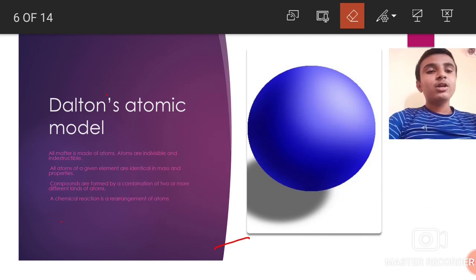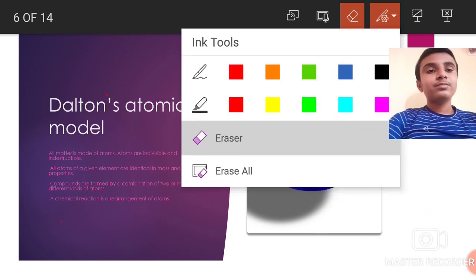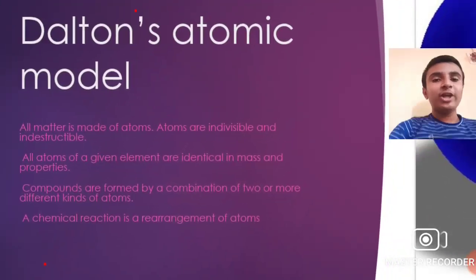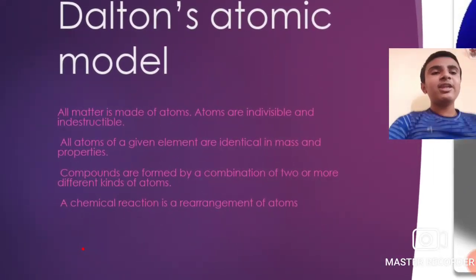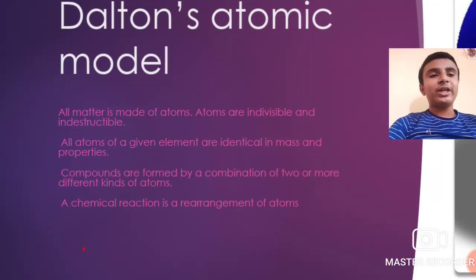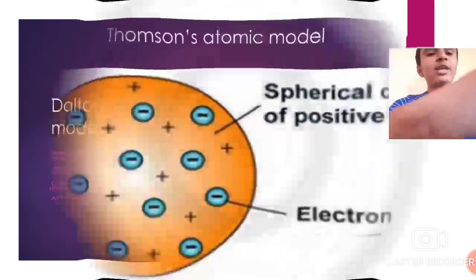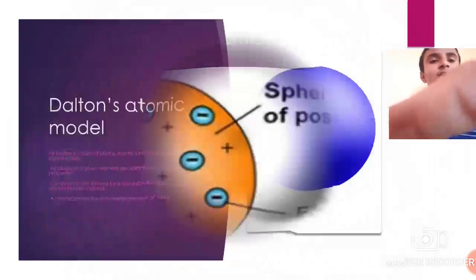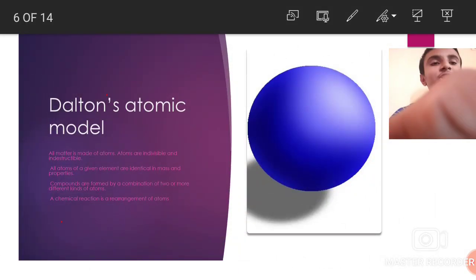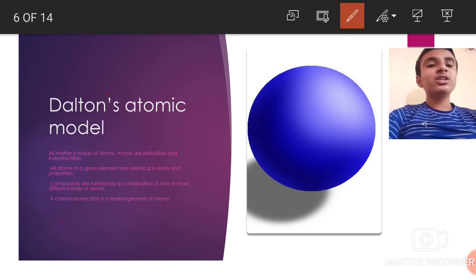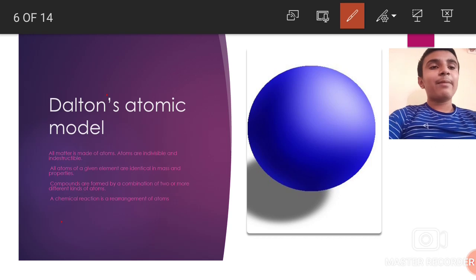Yes, friends. Now the fourth point he stated is that a chemical reaction is a rearrangement of atoms. As we know about chemical reactions, when a chemical reaction occurs, the rearrangement of atoms happens.